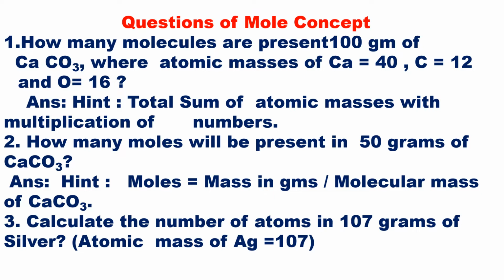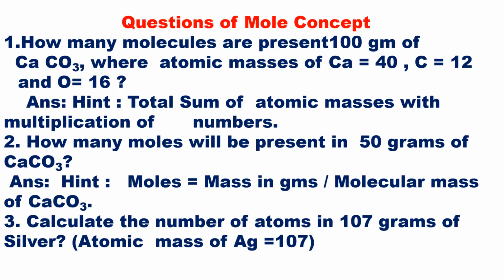You should do it on your own, and we can give you the hint. Similarly, another very simple question: how many moles will be present in 50 grams of calcium carbonate? The moles is equal to mass in grams upon molecular mass, and I am giving a hint that the molecular mass of CaCO3 is in all 100.